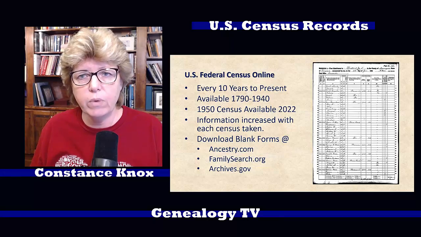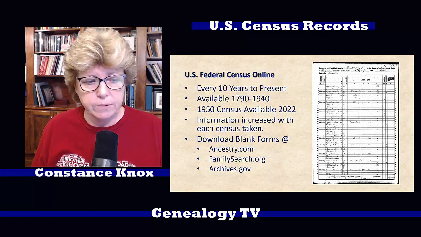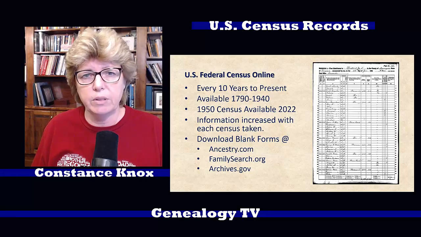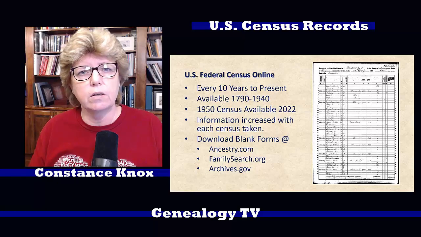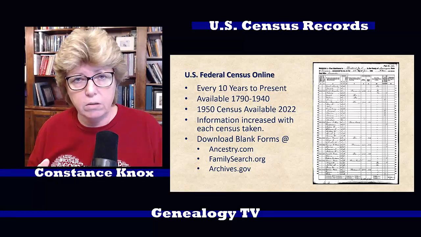So I highly recommend that people download the blank forms. And there's a reason for this. You can find free copies of the blank forms for every year of the census from 1790, 1800, 1810. I recommend you download them all.